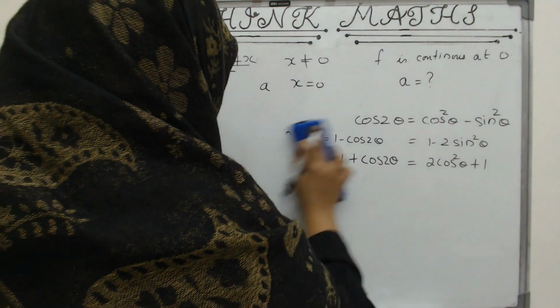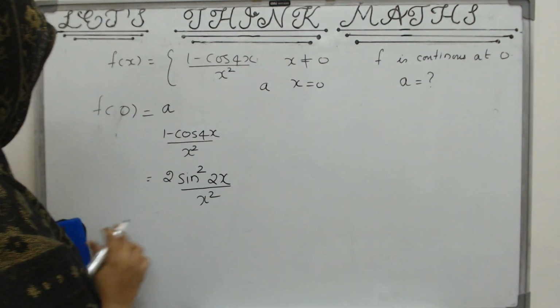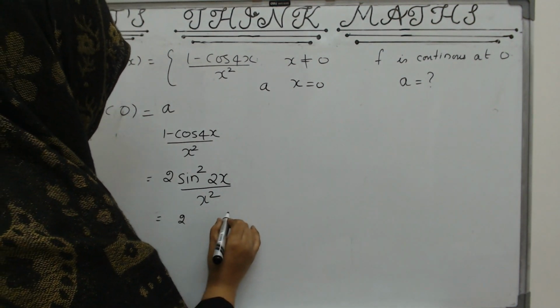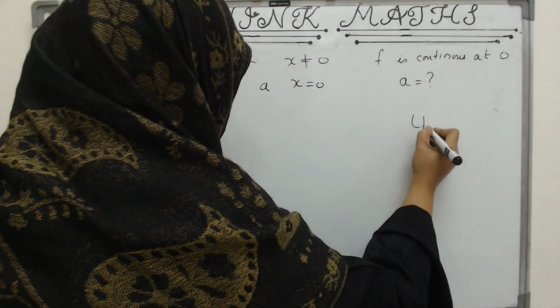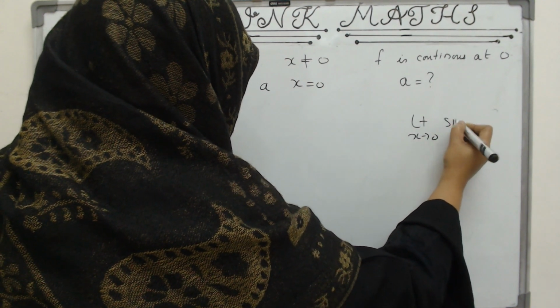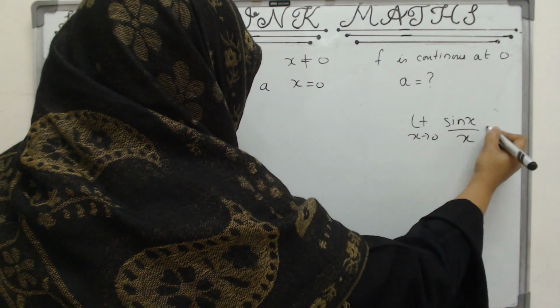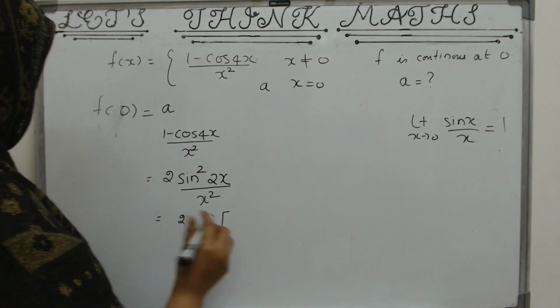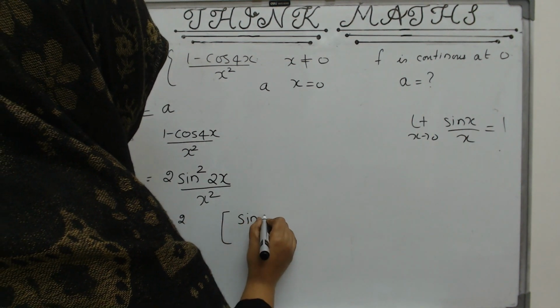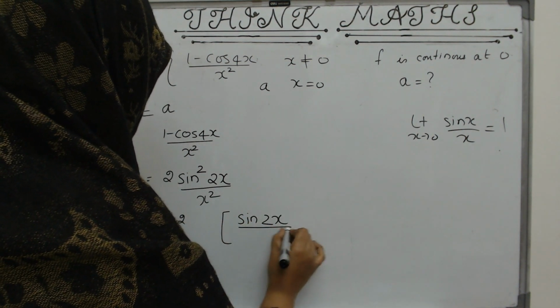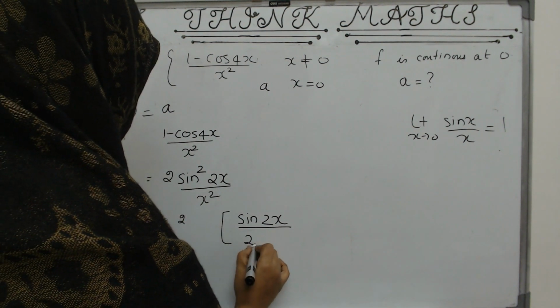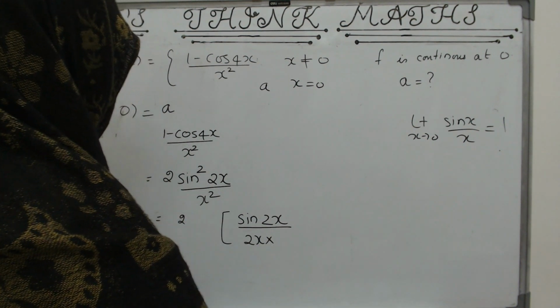Then what do you have? Remember this one? Limit of x tends to 0, sine x by x will give you 1. That is what we are trying to do. But here we have sine 2x. So that means in the denominator also we need 2x into 2x, right?